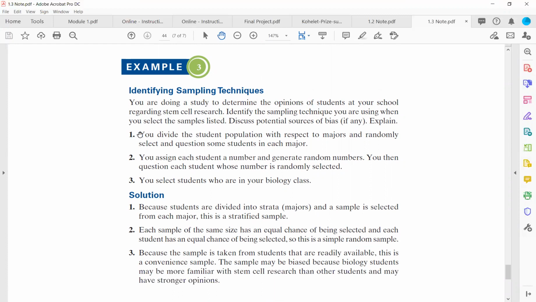The first one, you divide the student population with respect to majors and randomly select and question some students in each major. 2, you assign each student a number and generate random numbers. You then question each student whose number is randomly selected. And finally, you select students who are in your biology class.